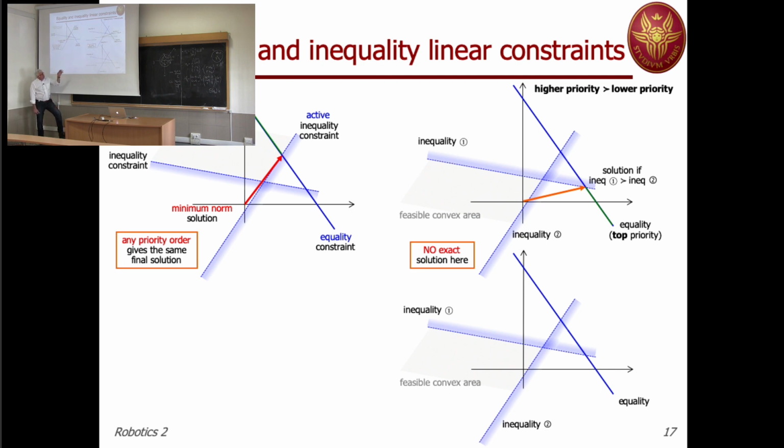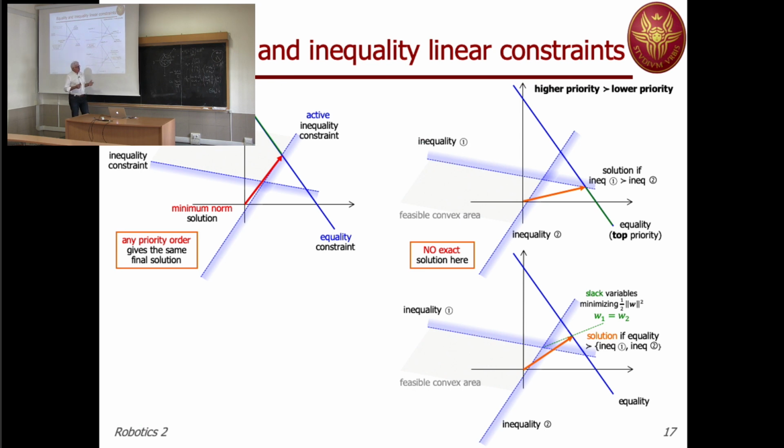So we don't consider only the equality as top, but in fact, this solution will be one in which the equality is still on top, but we make no preferences between inequality 1 and 2. So they are at the same level of priority. So we consider the two inequalities in the second step of our task priority optimization method.